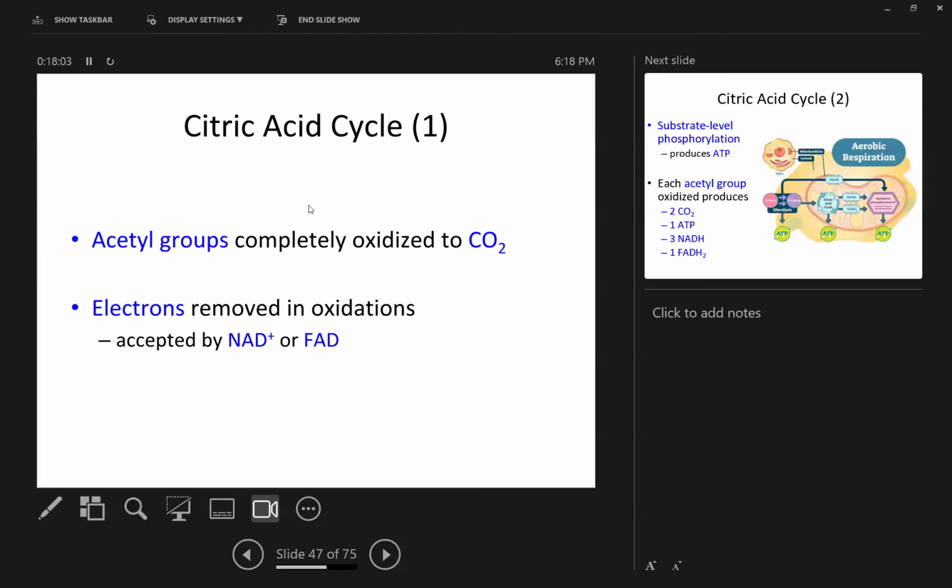All right. Now, for the citric acid cycle, same thing as Krebs cycle, same thing as TCA cycle. I don't know why there's so many names for it. We've got our acetyl-CoA that's going to start this. So the acetyl part, those were the 2 original carbons from glucose, and there's going to be 2 of those, right?